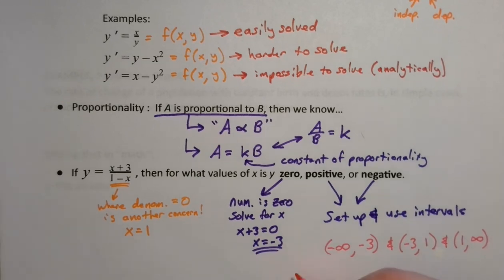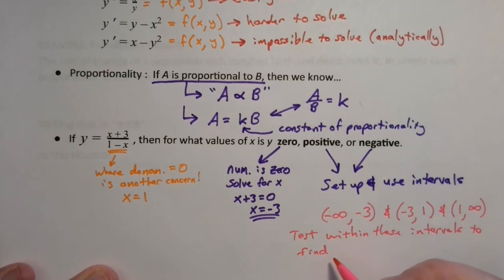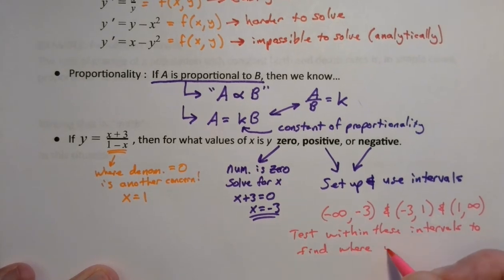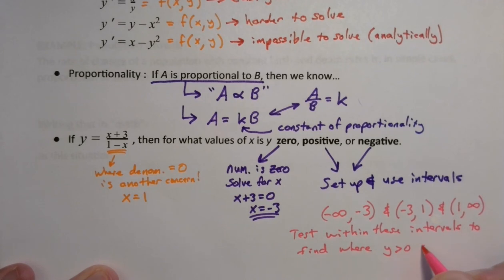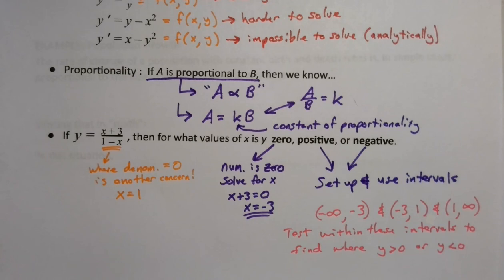And so you would test within these intervals to find where y is greater than 0 or y is less than 0. Right? Because you know it can't be 0 anywhere else other than negative 3. And we've excluded x equals 1 as a possible location to pay attention to.